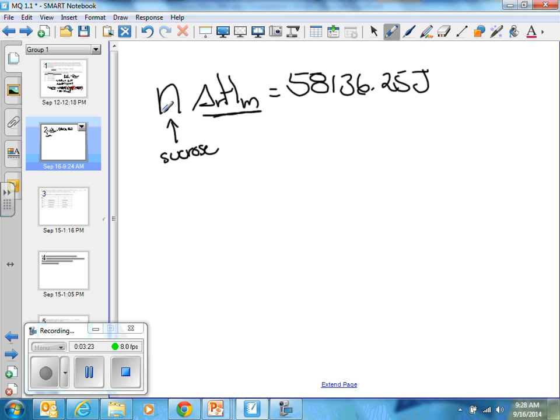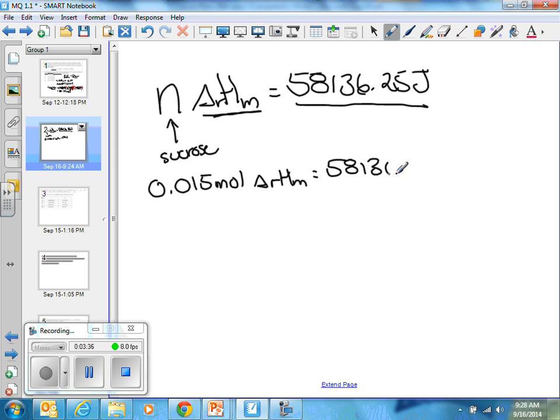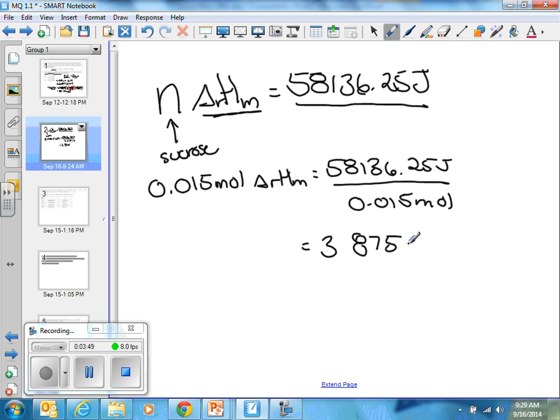If I substitute in the value for the moles of sucrose here, which is 0.015 moles, and I divide this by number of moles, we get our final answer to be very, very large. It's 3,875,750 joules per mole.